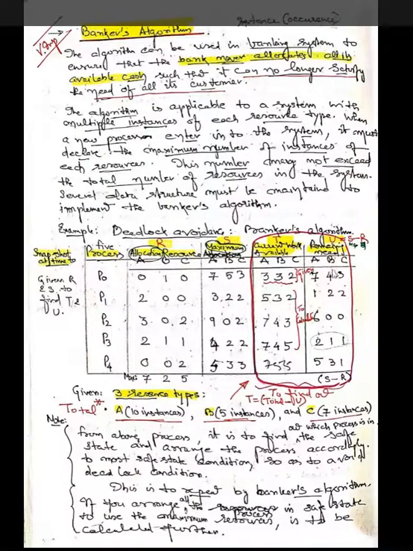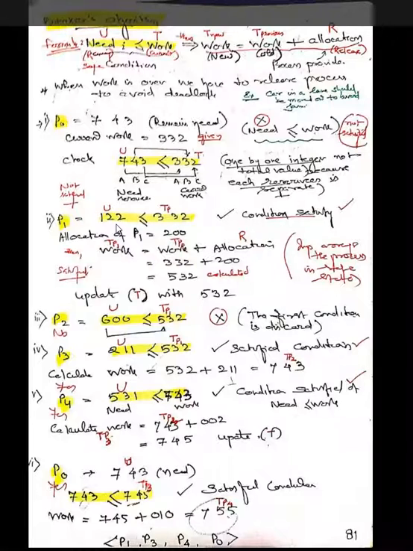Now we go to the next need, 122. 122 is compared with 332, and we find that this condition is satisfied. So for P1, the allocation is 200.